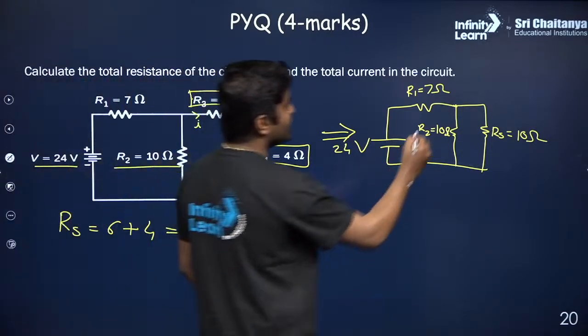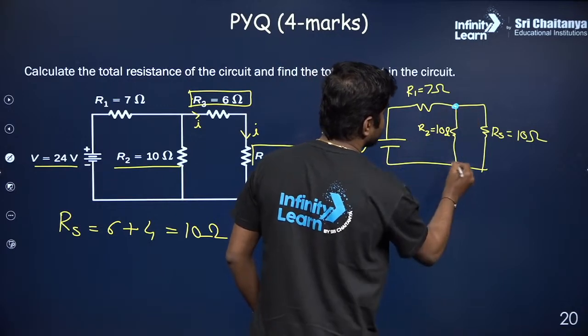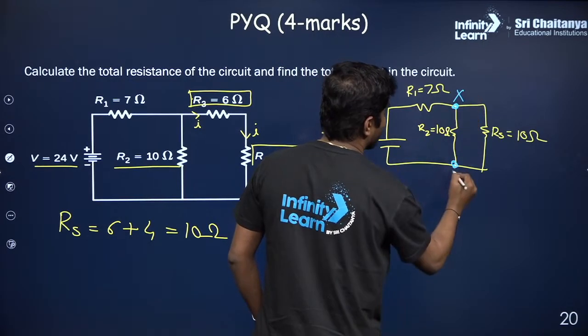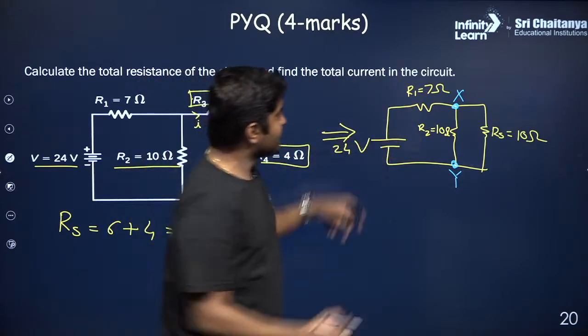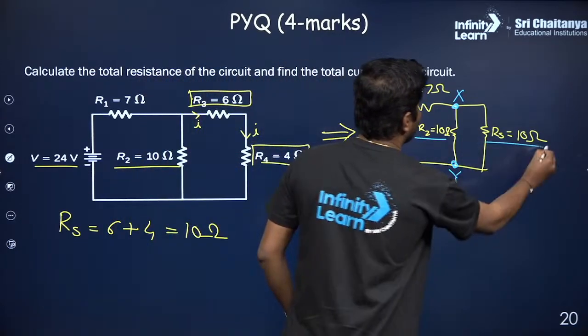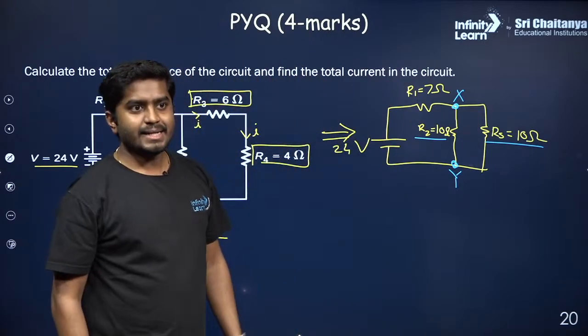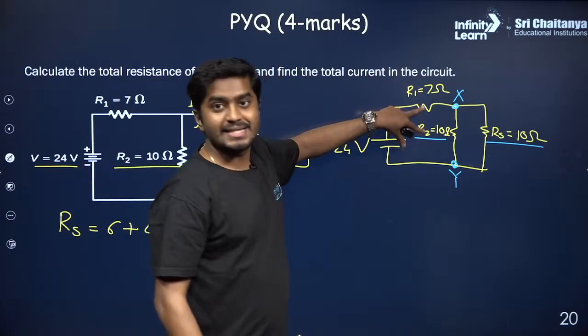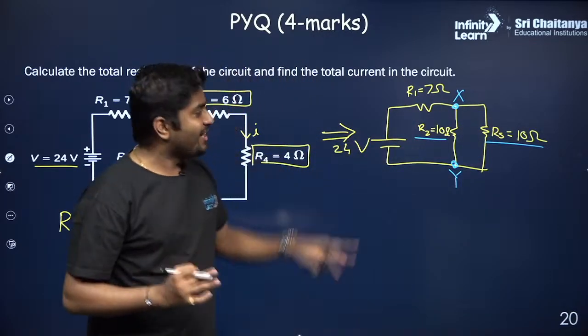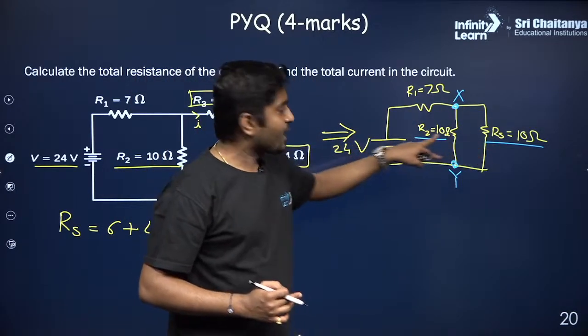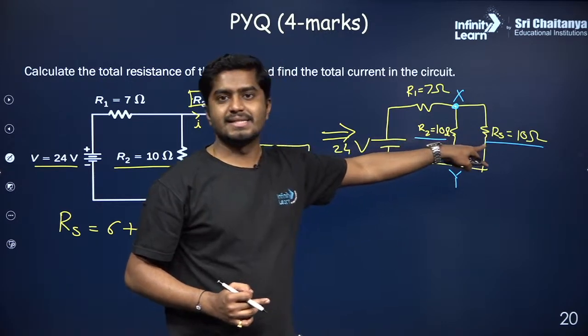So now here consider these 2 points, point X and point Y. This point X and Y is common for R2 and R series. Correct? So if I measure the potential difference across R2 or R series, the potential difference will be the same across R2 and R series.